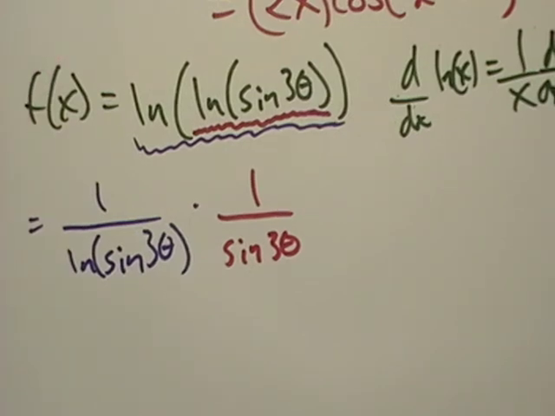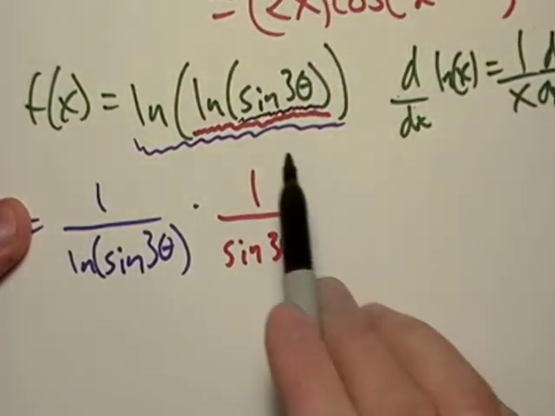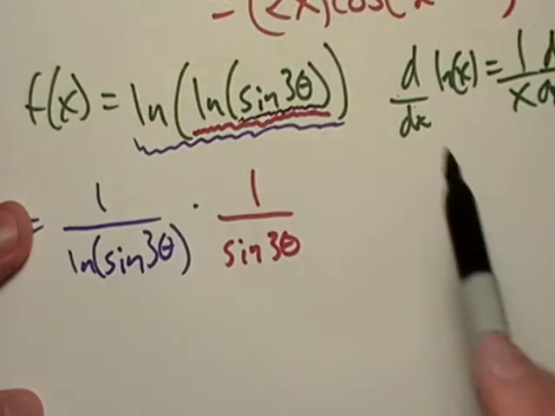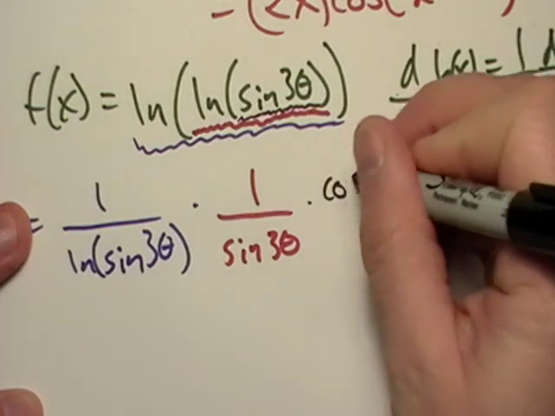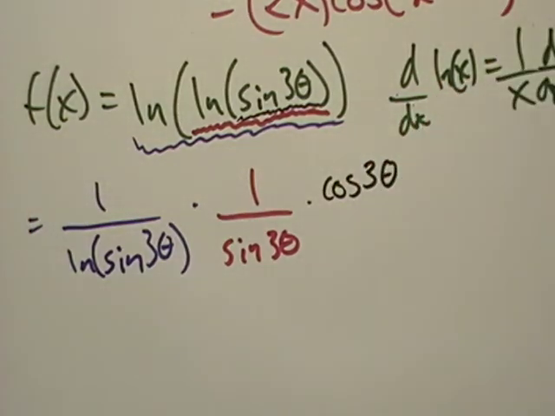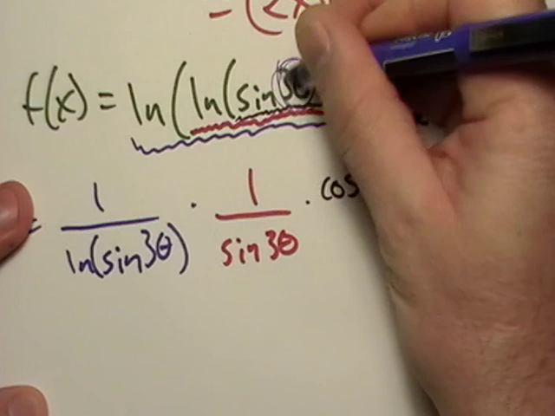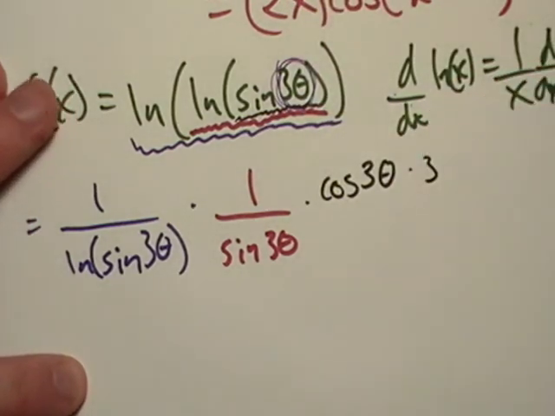Now we're going to keep going, okay? We've got another chain here. Now I need the derivative of sine 3 theta. Well, that's cosine 3 theta. And now I need to go back. Oh man, I ran out of colors. I guess I'll use this little pen here. Now we've got to find the derivative of this 3 theta. So it doesn't end there.